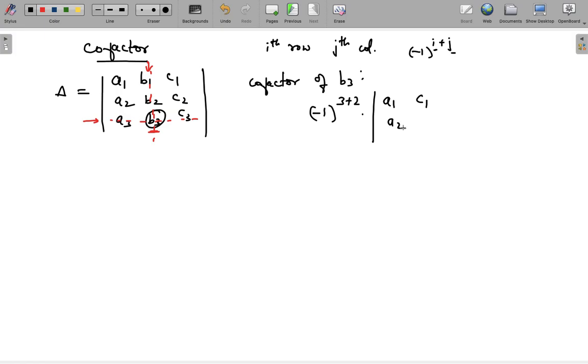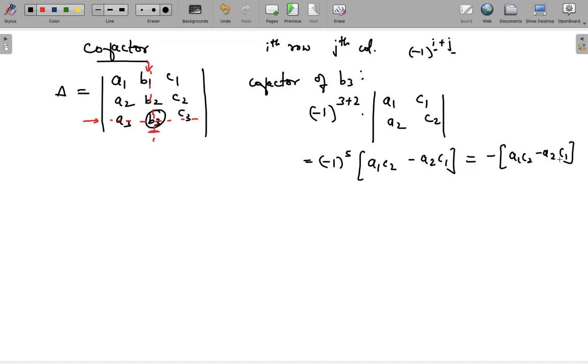So the cofactor of b3 will be -1 raised to the power 5 into the determinant of this simple 2 by 2 determinant we have. So it must be a1 c2 minus a2 c1. -1 raised to the power of any odd number is negative, so it must be minus of (a1 c2 minus a2 c1).